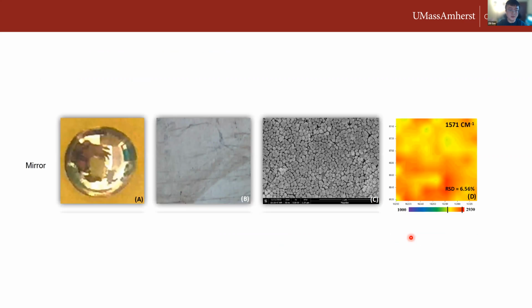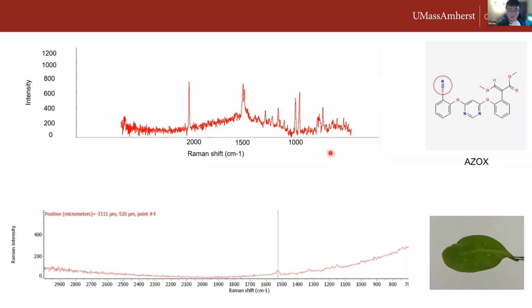And here is a picture of how the mirror looks optically. And here is the SEM image. As you can see, this is a very condensed and uniform gold mirror layer.